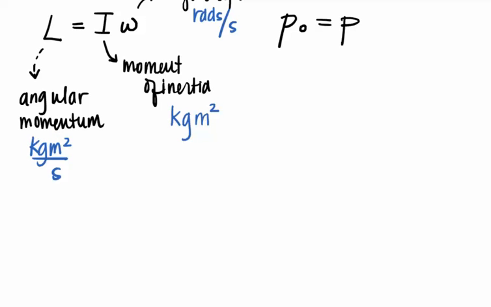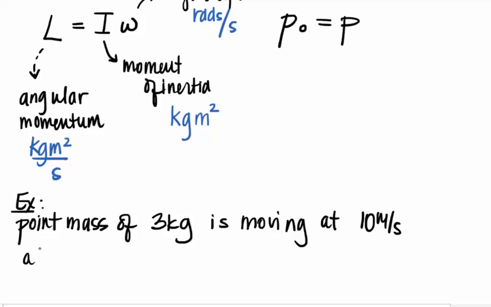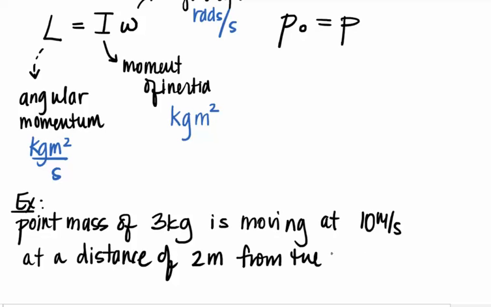Now, what if it is a point mass? Let's actually do an example. For example, we've got a point mass of 3 kilograms moving at 10 meters per second at a distance of 2 meters from the center of a circle.